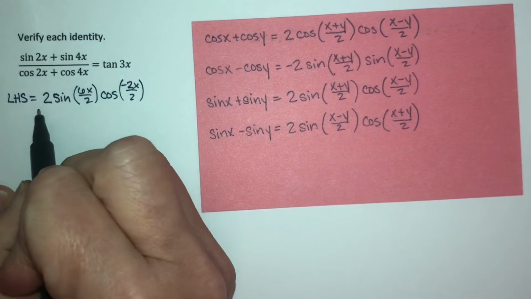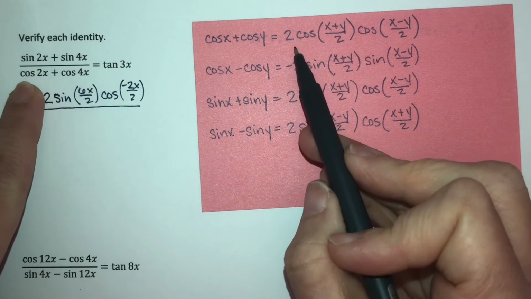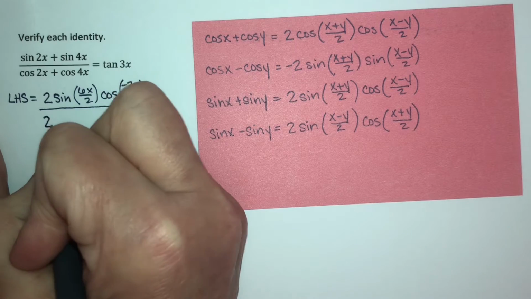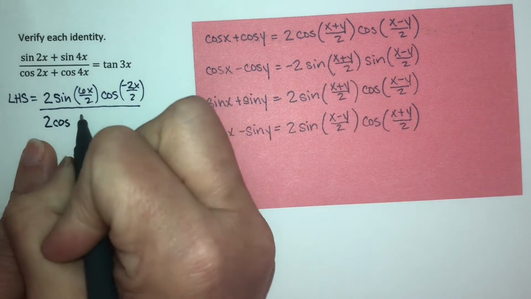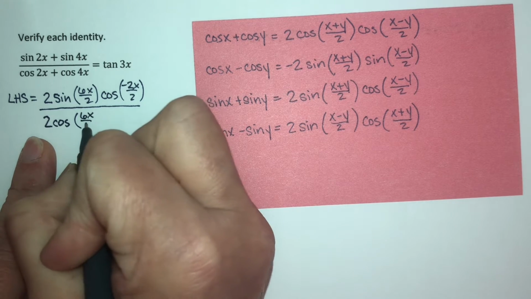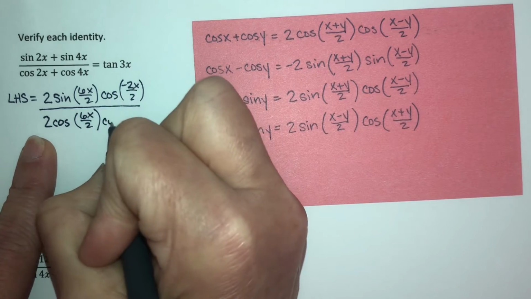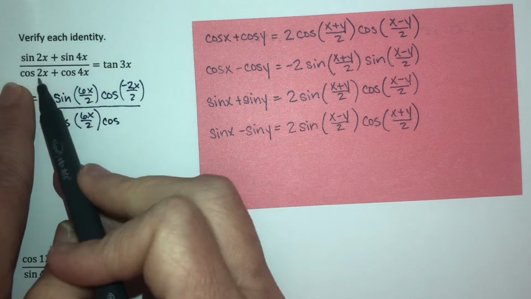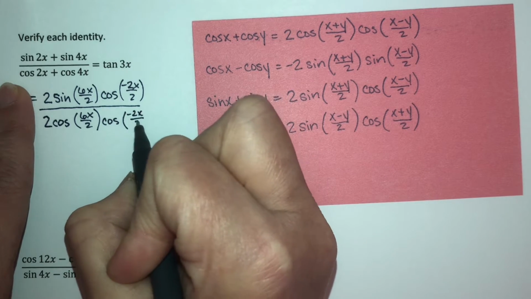Over, now cosine's added, so 2 cosine of x plus y over 2, so that's going to be 6x over 2 times cosine of them subtracted, so negative 2x over 2.